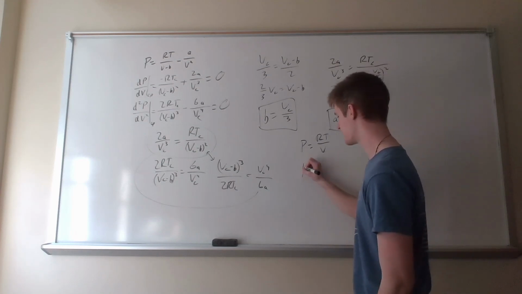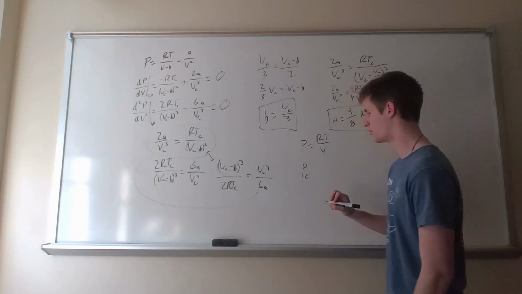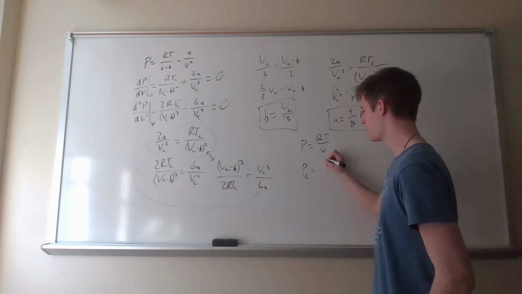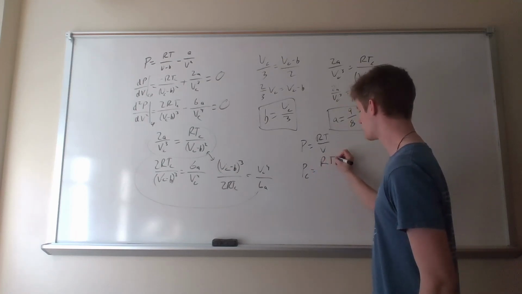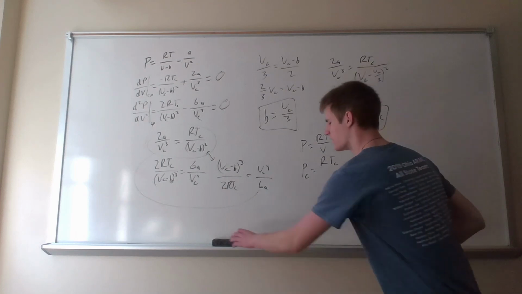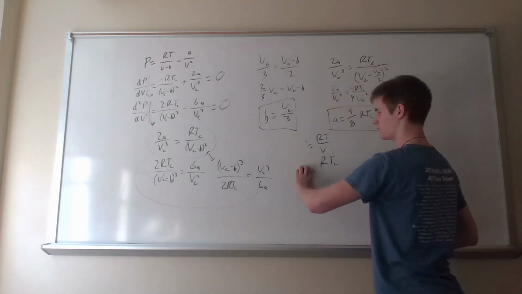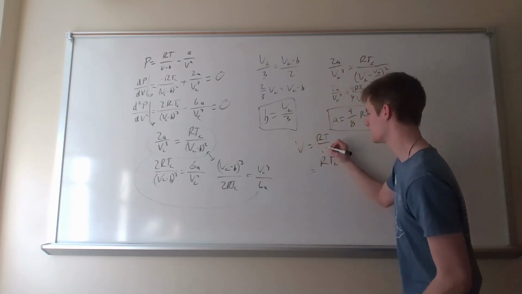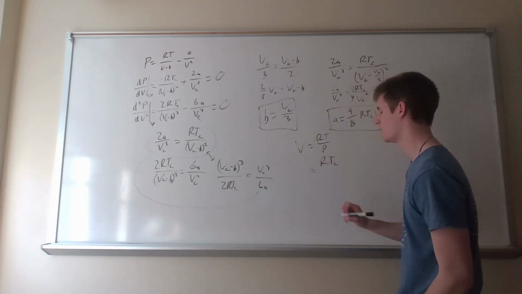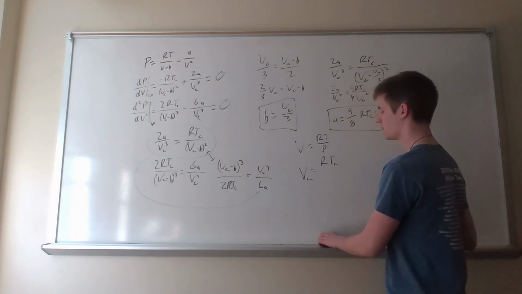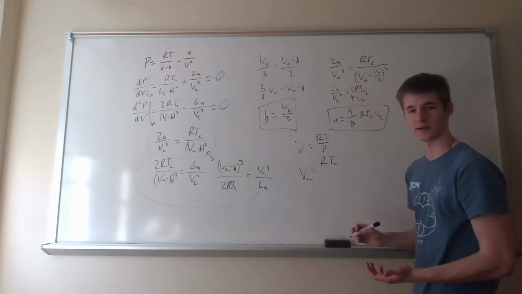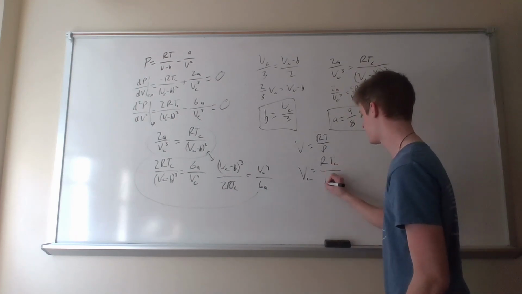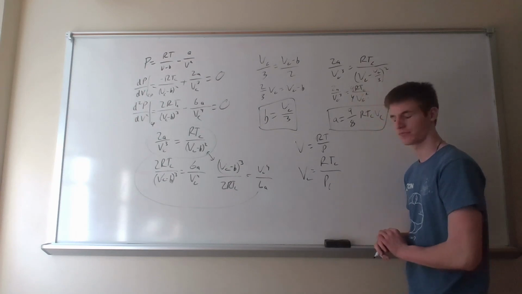So at the critical point, we want to evaluate that volume. So we have volume equals RT over P. So the critical volume equals R times the critical temperature over the critical pressure.